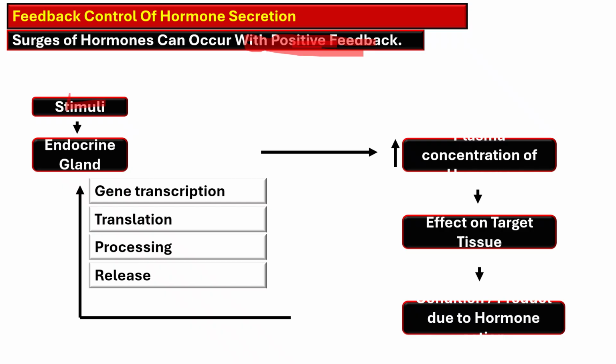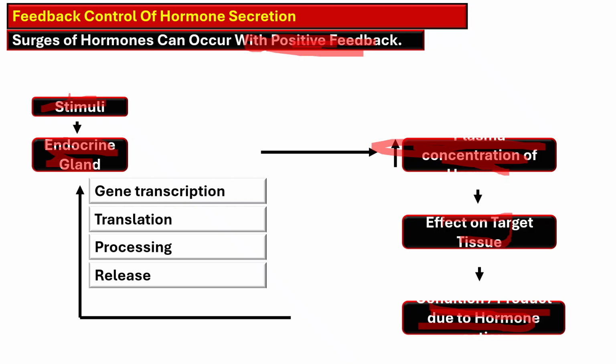So here you can see that there is a stimulus, and it causes the endocrine organ to increase the plasma concentration of the hormone, which produces the effect on the target tissue, and hormone action or condition is produced.